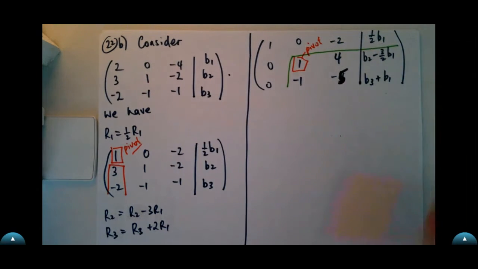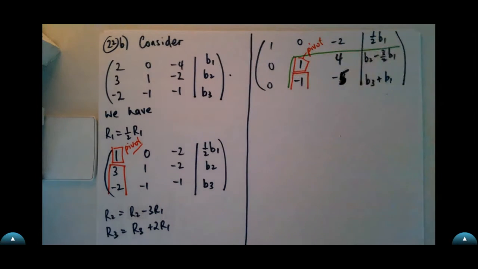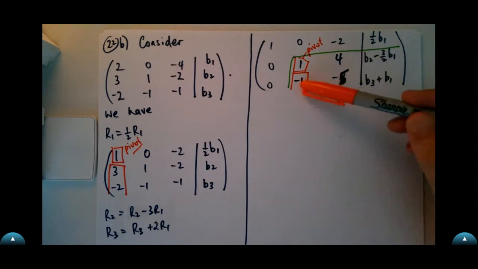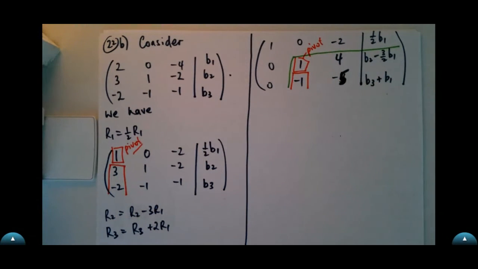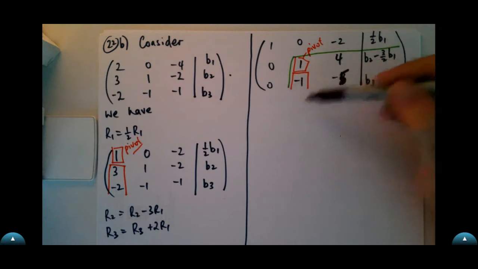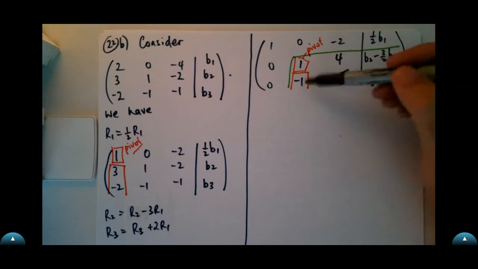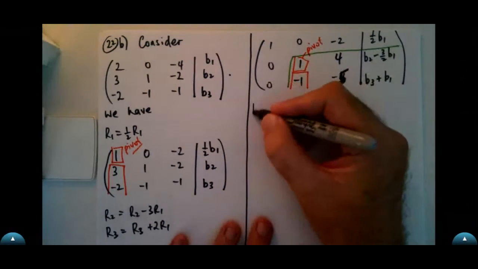So what should my next operation be, everyone? I want to make that into a 0. What should I do? I've forgotten. I'm so sick. I've been so sick this week. I have forgotten how to do row reduction and Gaussian elimination. Yeah, row 3. Thank you, Cynthia and George. Row 3 becomes row 3 plus row 2.